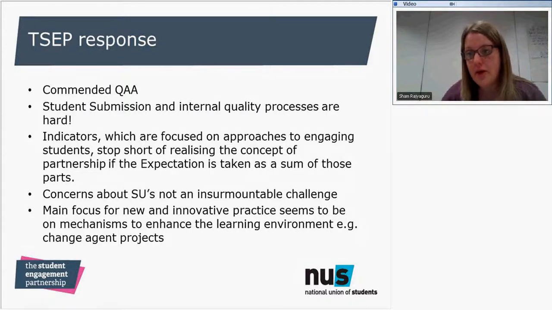We've said that these schemes seem to be growing in number and there's lots of good innovative work happening, but where they've sprung up from pockets of innovation within institutions, we need to be thinking about how they can be tapped into and become part of a wider approach to engagement within their institutions.